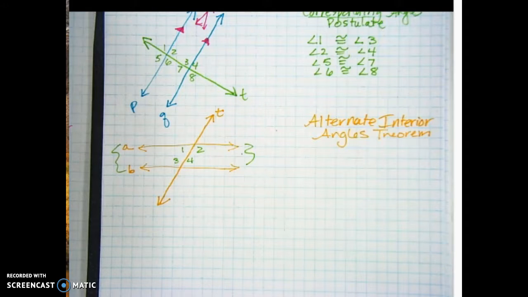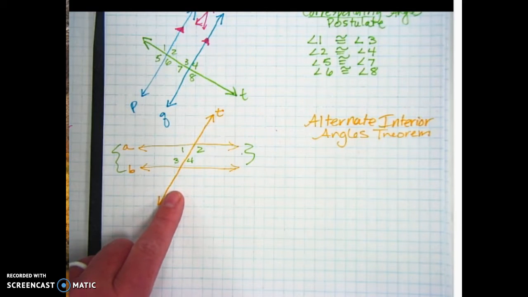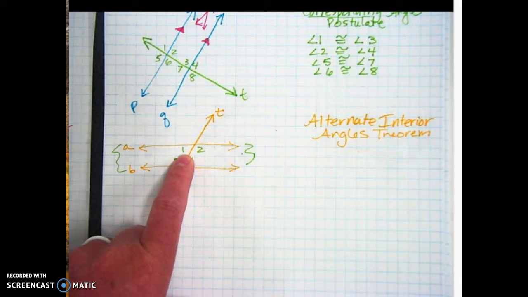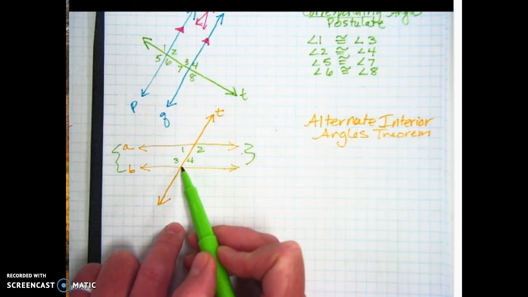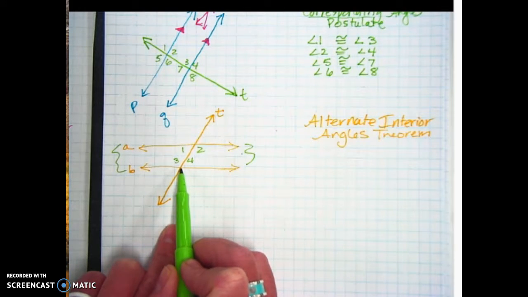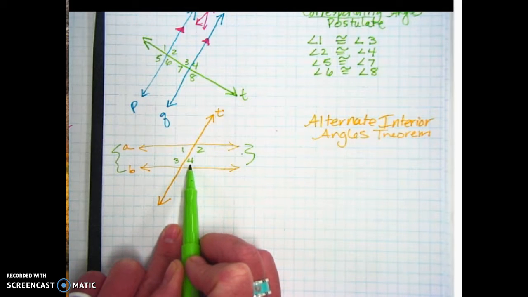So if you look closely, and we start with angle 1, follow down the transversal, which angle is going to be the alternate interior angle to angle 1? 4. So angle 1 and angle 4 are alternate interior angles.